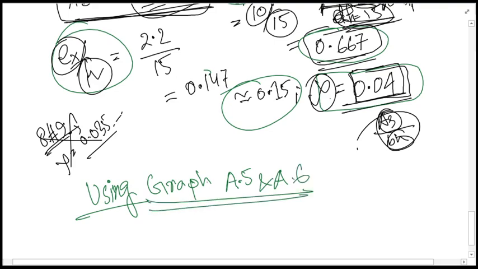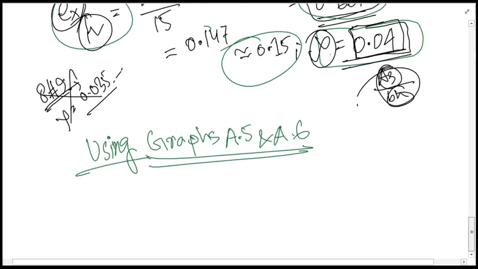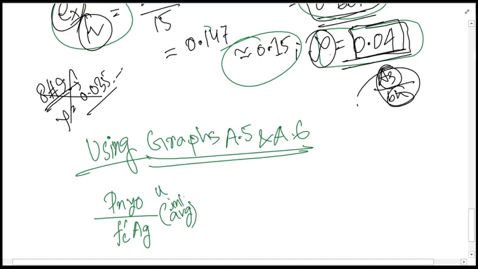These two graphs we will be using, and we will be getting Pn divided by fc prime Ag, as we are concerned with the y-axis, and we will be getting the average value, meaning the interpolated value, interpolated using the unitary method, whatever you say.